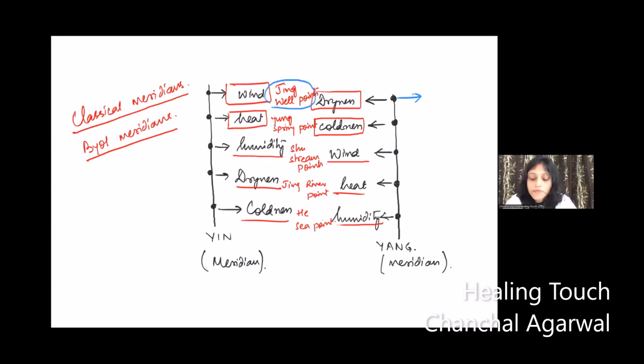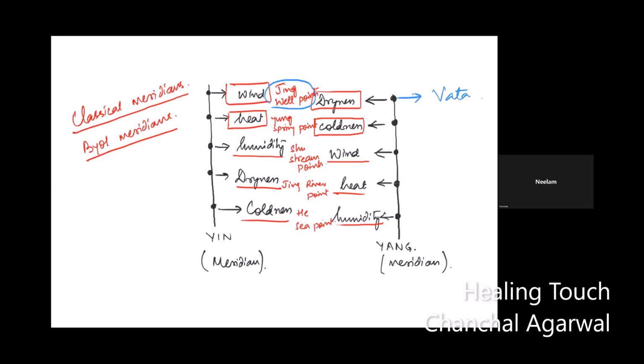Wind is hawa. Dryness means sukha dena. So these points are nothing but the points of Vat. Hawa or dryness is a deadly combination of Vat. Vat ka kaam is sukha dena.